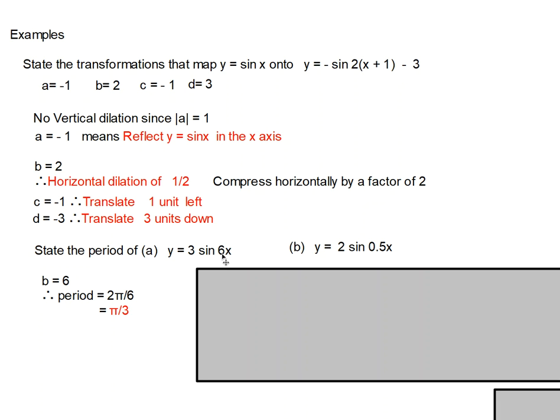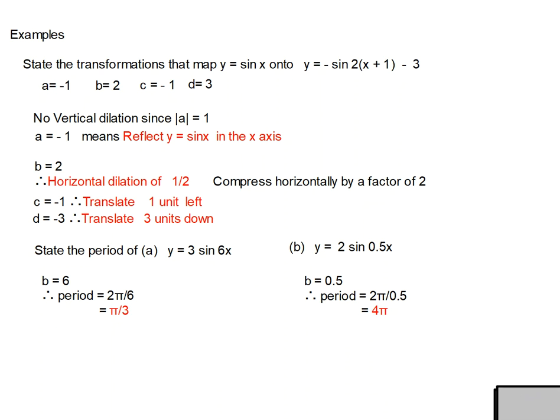So B is 6. The period is 2 pi divided by 6, which cancels to pi on 3. The period of this function is pi on 3. For this one, we identify that B is 0.5, the number in front of x. So the period is 2 pi divided by 0.5. 2 pi divided by 1/2 is 4 pi, is the answer.